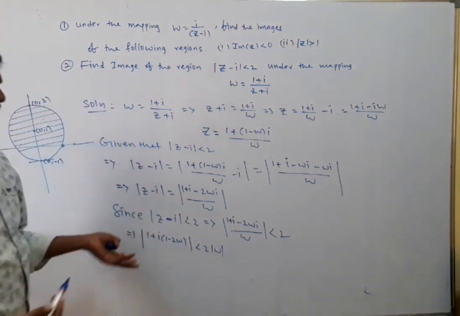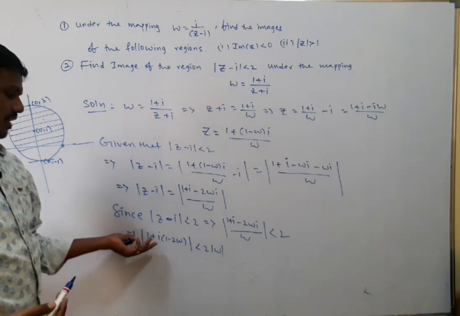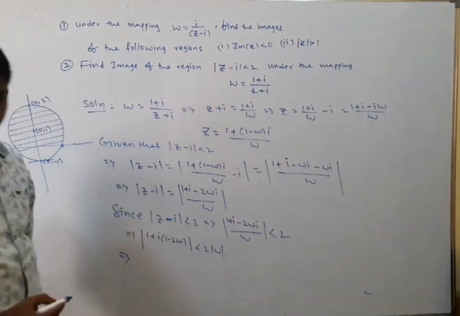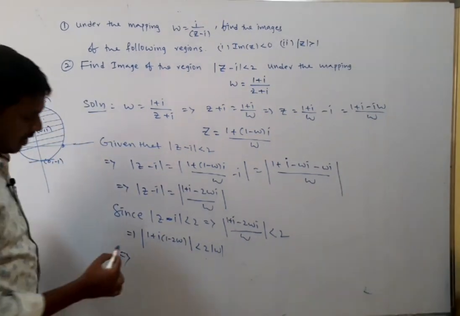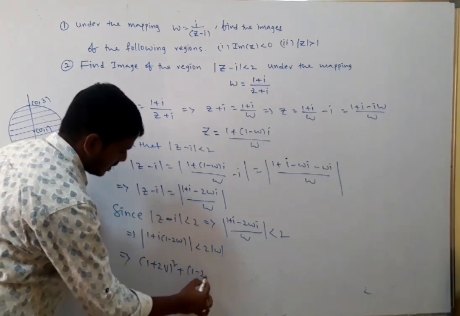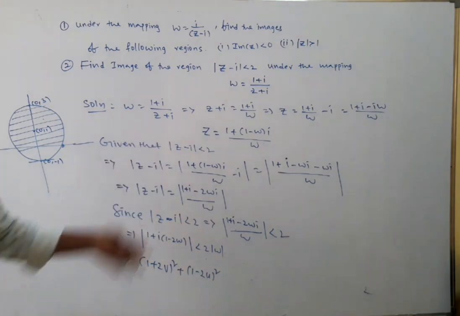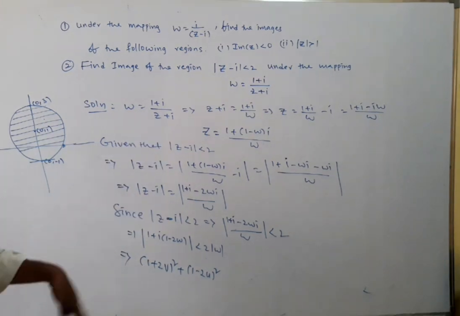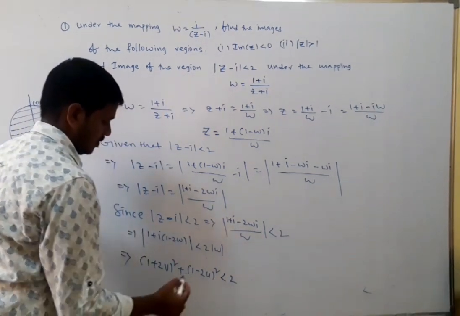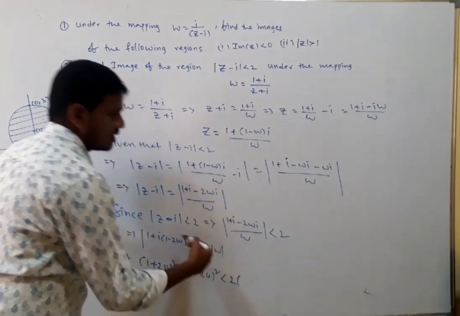Yes, by simplifying, by identifying the center, it becomes a circle on the LHS, right? This can be written as, directly I am writing here, (1 plus 2v) whole square plus (1 minus 2u) whole square. If you are expanding, writing u minus u naught, it is less than 2 into |w|.